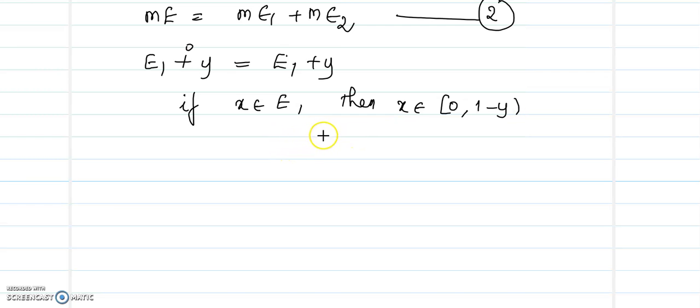So if x belongs to [0, 1 minus y], x will be less than 1 minus y. That implies x plus y is less than 1. Since x plus y is less than 1, when we take the sum modulo, the value will be equal to x plus y. So therefore E1 sum modulo y will be equal to E1 plus y.